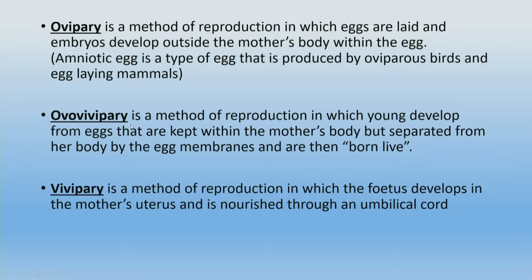This is the strange one. It is a method of reproduction in which young develop from eggs that are kept within the mother's body, but separated from her body by the egg membranes, and then they are born live.